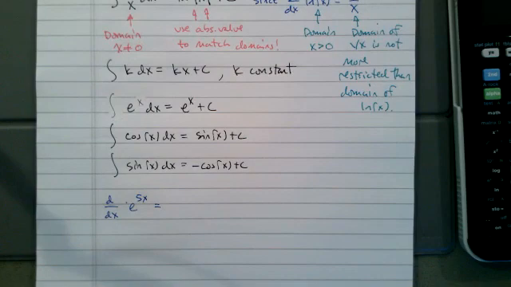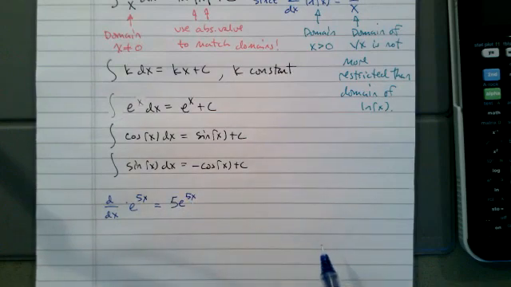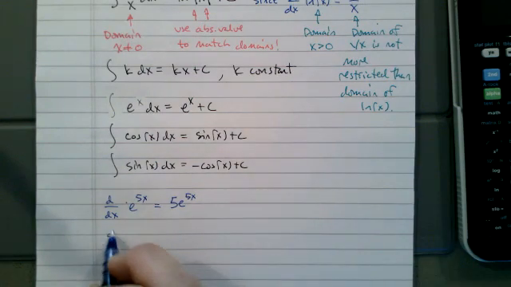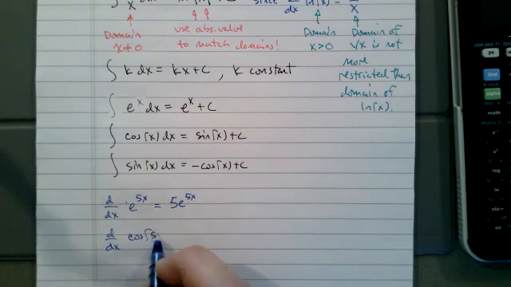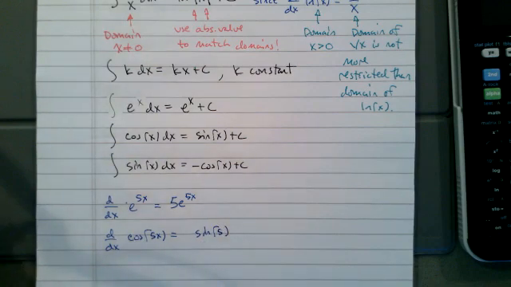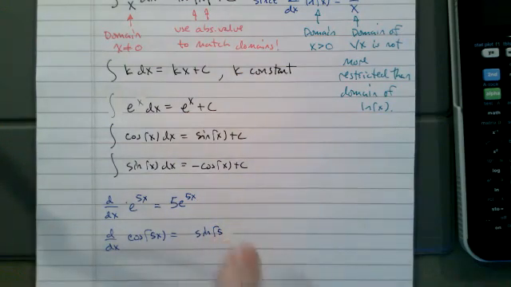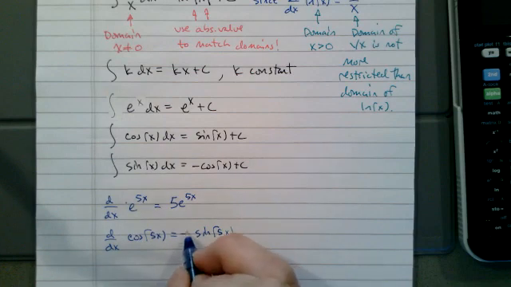The derivative of e to the 5x is e to the 5x times 5. We also know that the chain rule applies to the derivative of cosine of 5x. The derivative of cosine of 5x is minus sine of 5x, times the derivative of the inside, which is 5. So we get a 5 out in front.